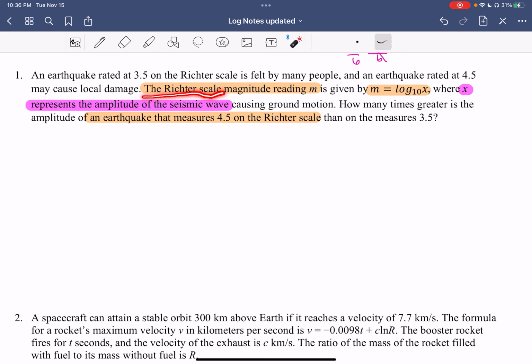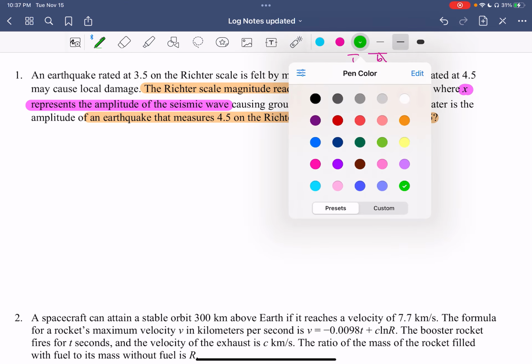The orange one also said Richter scale reading, so I'm going to assume that is still the letter M because it says 4.5 on the Richter scale. And then there's another earthquake that's measuring 3.5 on the Richter scale. Okay, so I'm going to write the formula. M equals log base 10 of x.